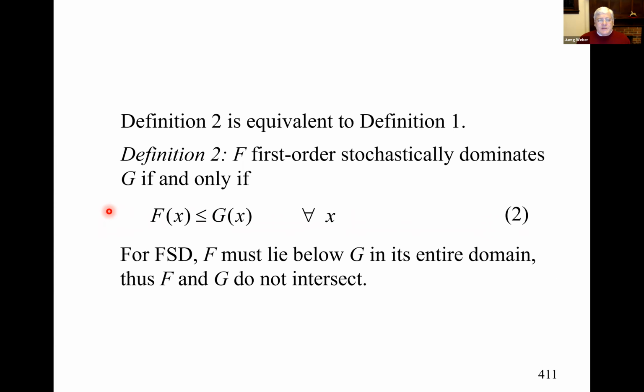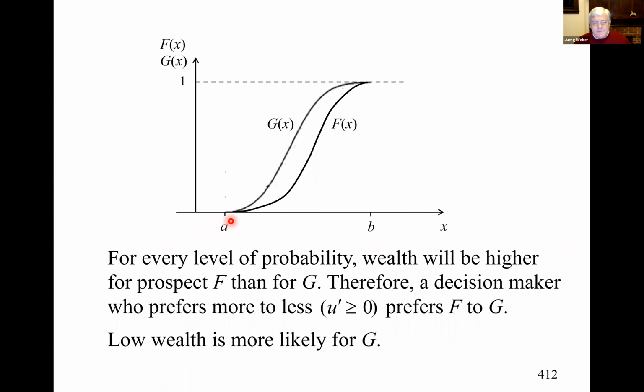Anyway, so we said here, F first order dominates G if the F value is always smaller than the G value when you plot that. And that's what I have here. So I have now the interval from A to B. That's the x variable, that's a random variable here.